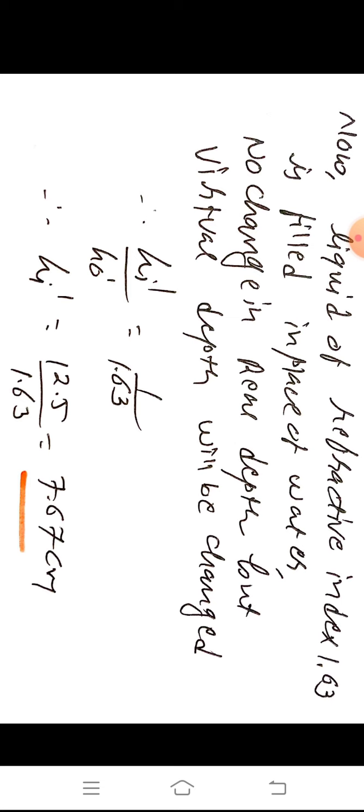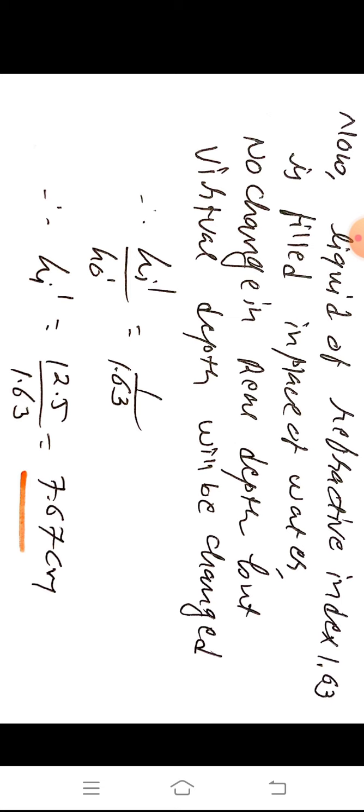That's why HI dash upon HO dash is equal to 1 upon 1.63. ऊपर observer, नीचे object. That's why HI dash is equal to HO dash, that is 12.5 centimeter upon 1.63, that is 7.67 centimeter. Initially, the microscope was focused at 9.4 centimeter.